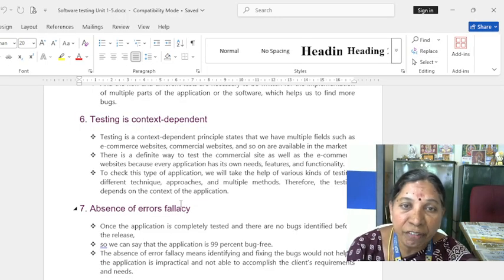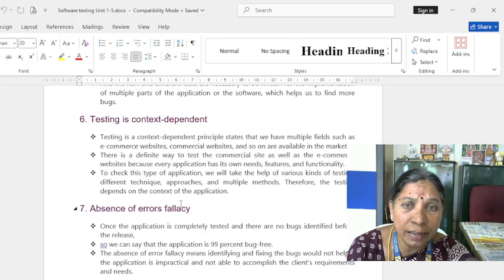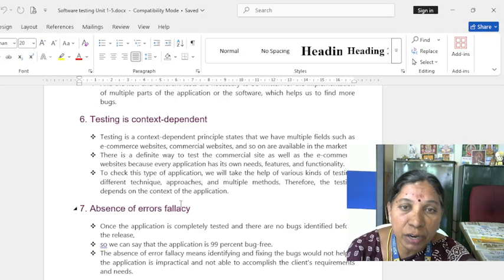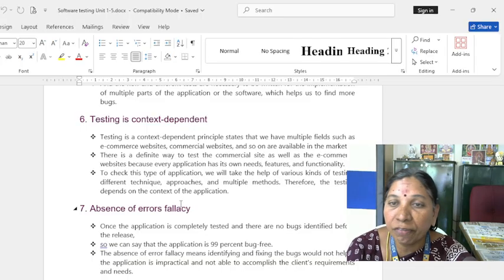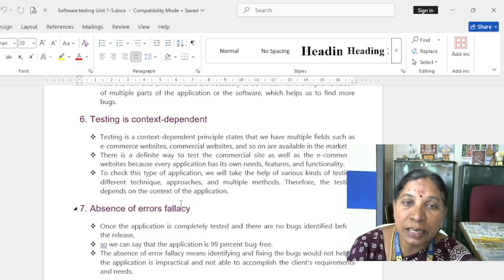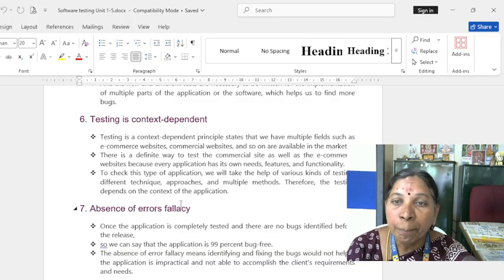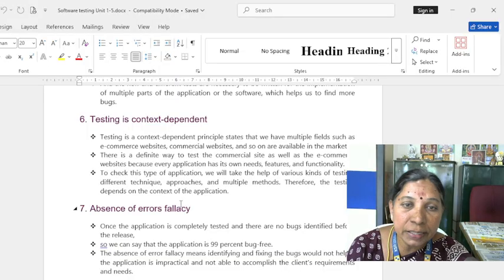There is a definite way to test the commercial site as well as the e-commerce website, because every application has its own needs, features and functionality. Then the third important thing is, to check this type of application, we will take the help of various kinds of testing, different techniques, approaches and multiple methods. Therefore, testing depends on the context of the application.